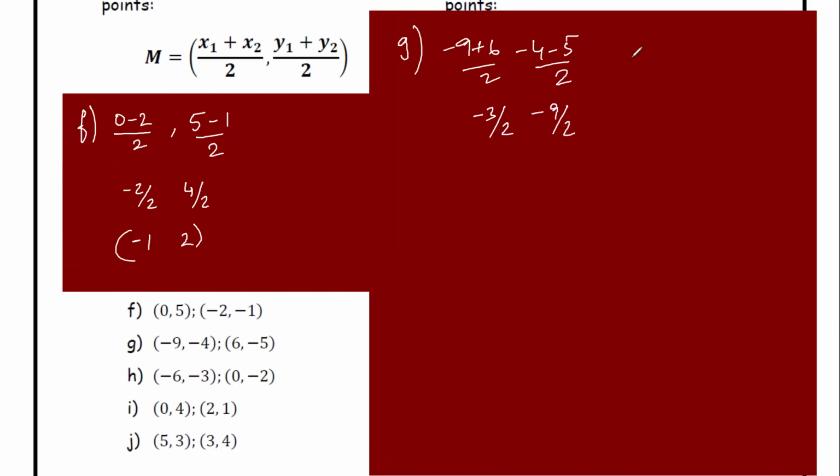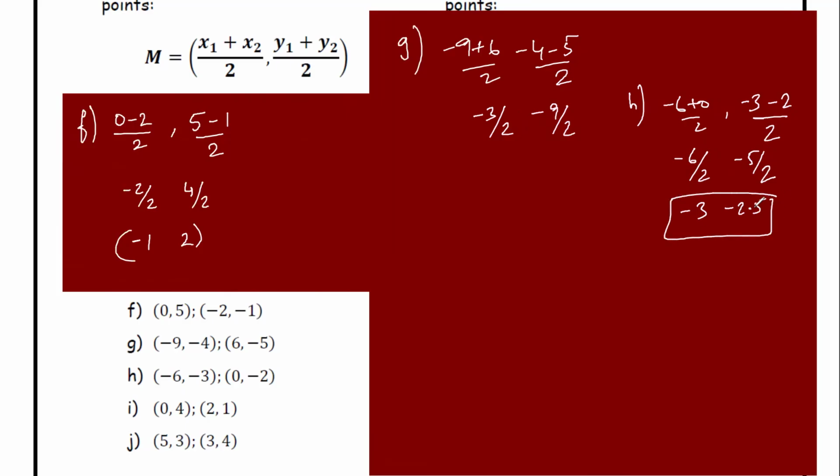H, negative 6 plus 0 divide by 2, negative 3 minus 2 divide by 2. So that's negative 6 over 2, negative 5 over 2, and that's negative 3 and negative 2.5. I, 0 plus 2 divide by 2, 4 plus 1 divide by 2. That's 2 over 2 and 5 over 2.